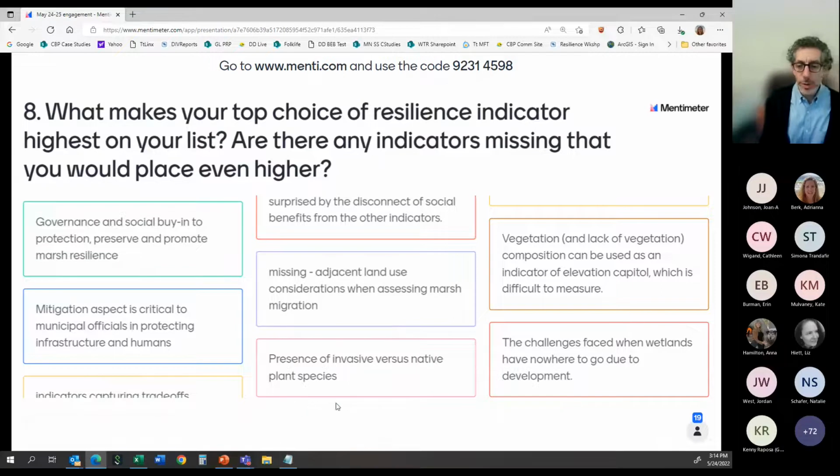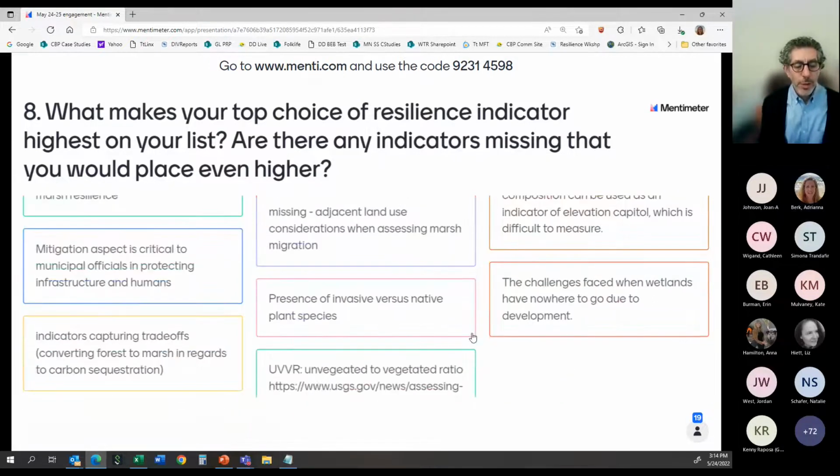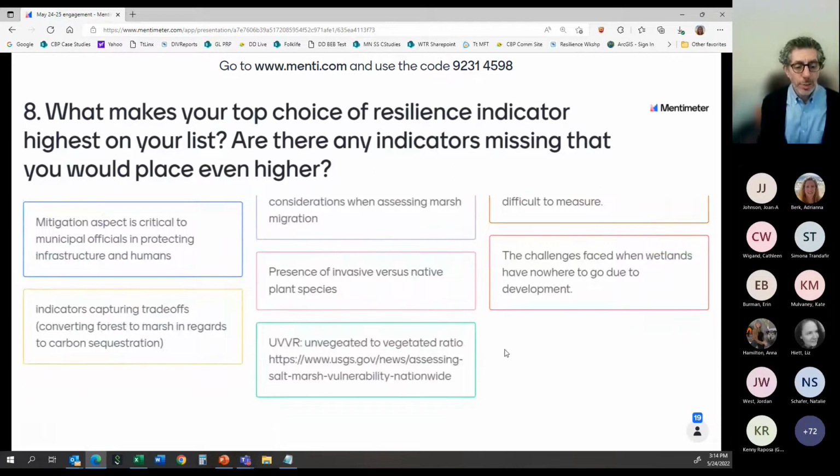We have some time now for a virtual discussion. And sort of when you think about the input that you just saw from others about how resilience figures into their work and the best indicators of resilient wetlands. So what are your observations? What questions come up for you?